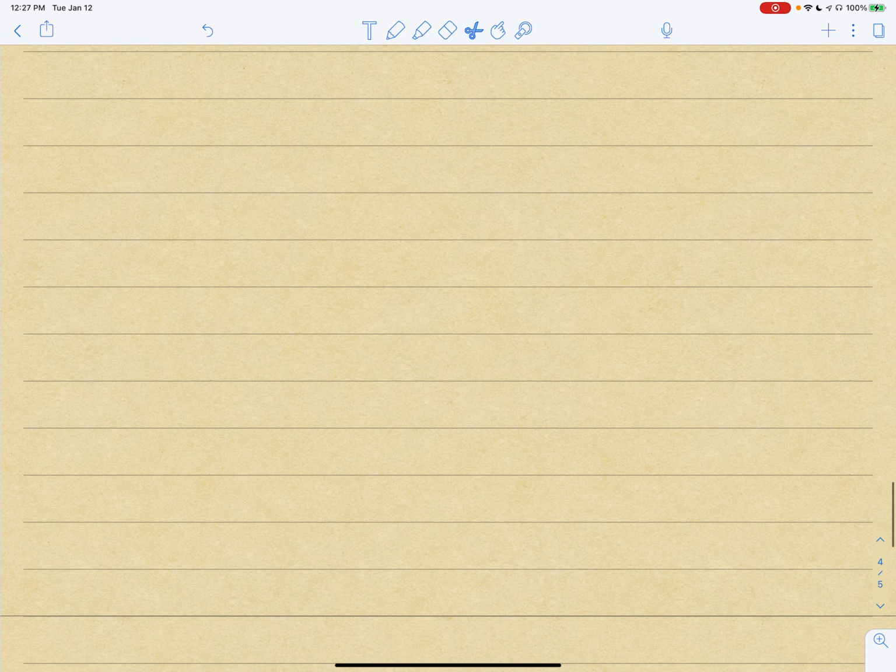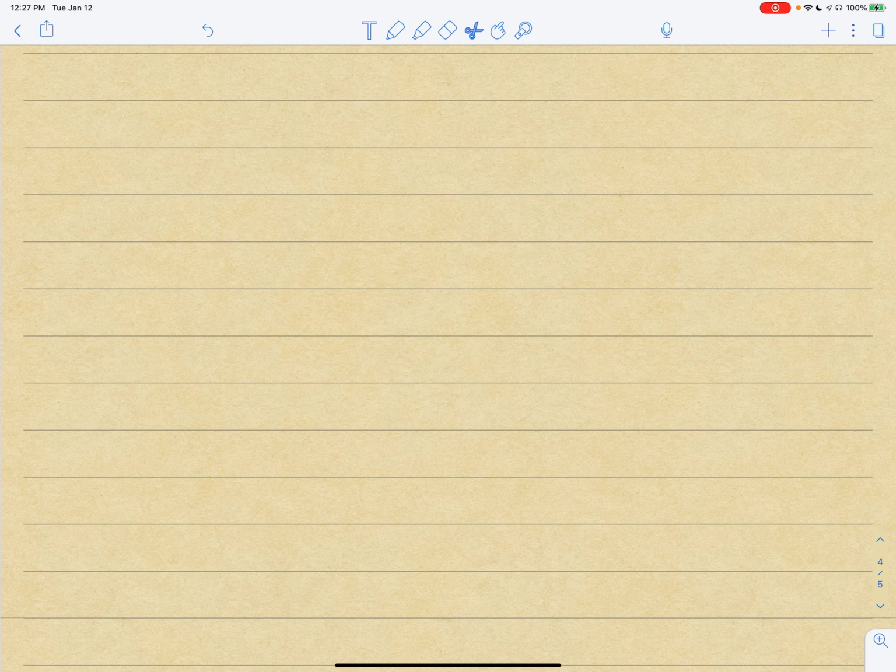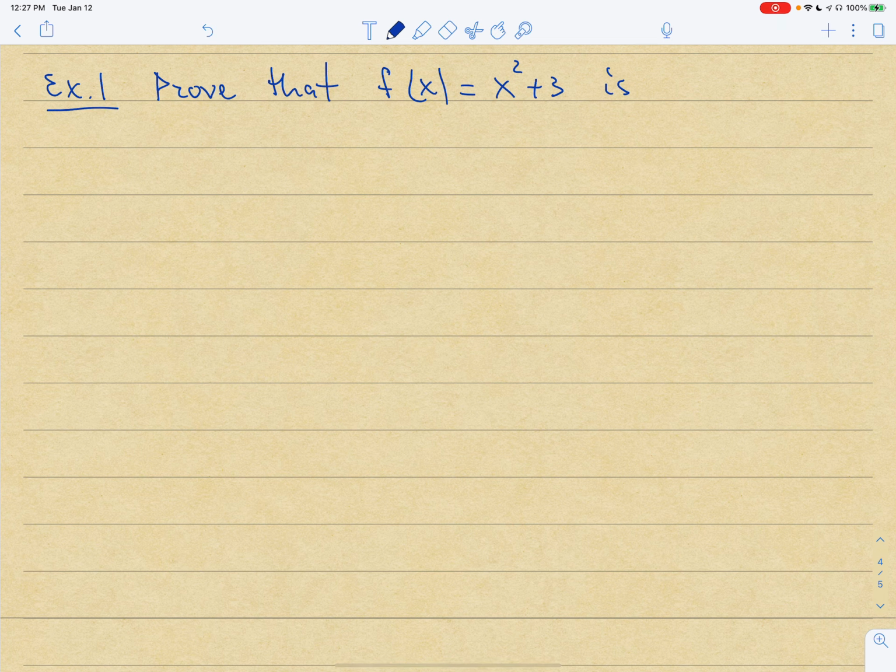So let's do a couple of examples. Example one: show, or rather prove, that f of x equal to x squared plus 3 is continuous at x equal to 1.